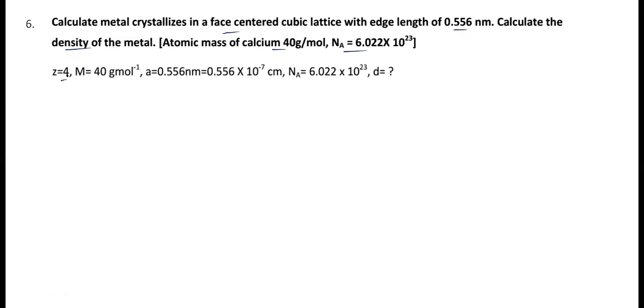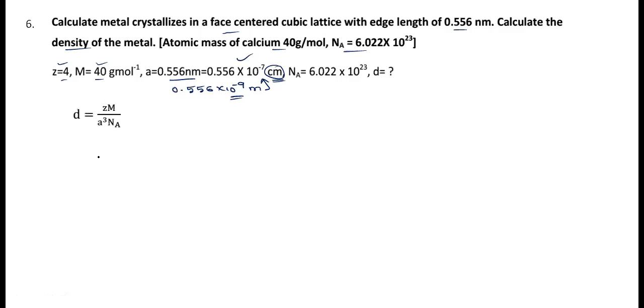The crystal system is FCC, so Z is equal to 4. Molar mass of calcium is 40 gram per mole. Edge length is given in nanometer, and we know the conversion is 0.556 into 10 to the power of minus 9 meter, and meter to centimeter gives 10 to the power of minus 7 centimeter. So we'll take the centimeter conversion value in the calculation.